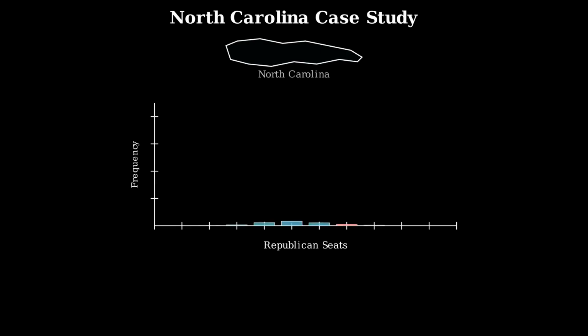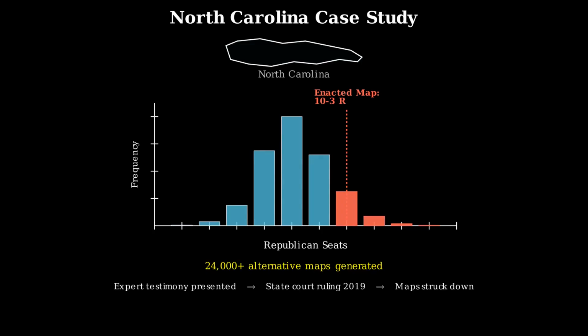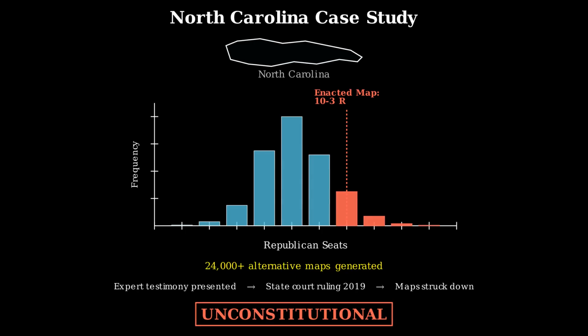This is exactly what mathematician Jonathan Mattingly and his team did for North Carolina's congressional map. They generated over 24,000 alternative maps, satisfying all legal criteria, simulated elections on each one, and showed that North Carolina's enacted map was an extreme outlier, producing a 10-3 Republican advantage in a state where the ensemble of fair maps almost never produced such a lopsided result.